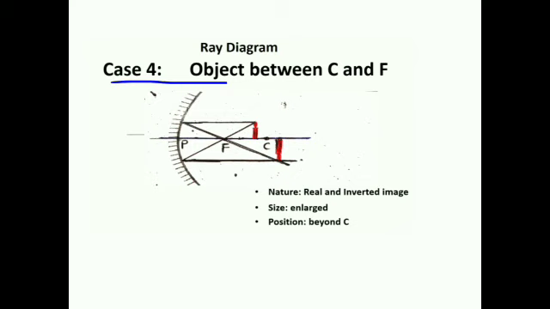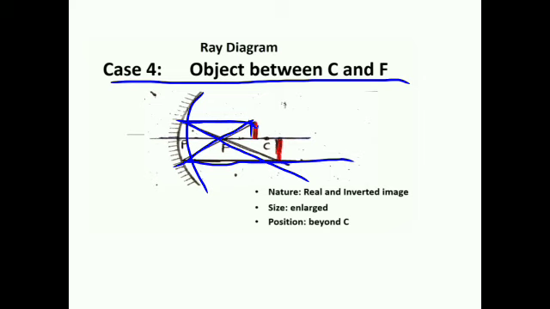Case 4, object between center of curvature and focal point. This is object, we place the object between center of curvature and focal point as shown in figure. This is concave mirror. R1, the ray which is parallel to the principal axis, after reflection passes through focal point. R2, a ray traveling through focal point, after reflection becomes parallel to the axis.